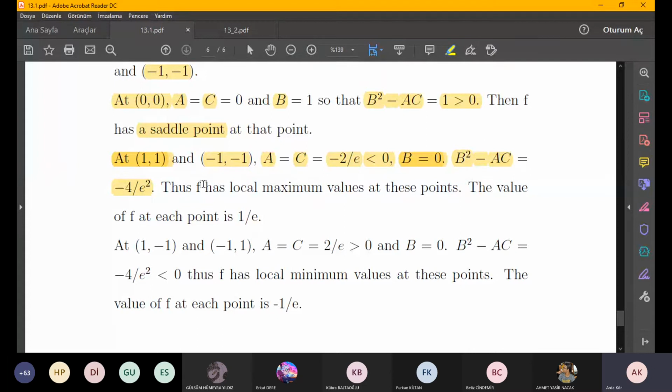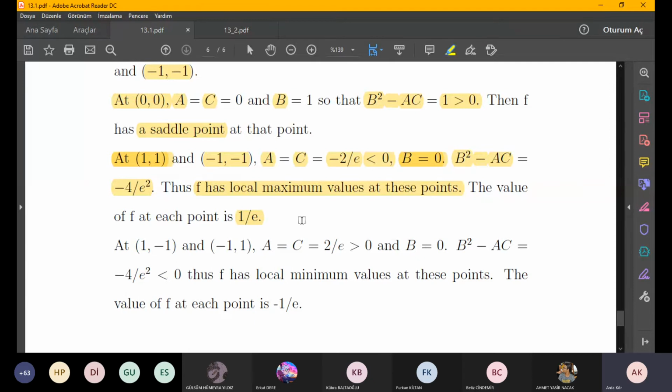So from the theorem, f has a local maximum value at those two critical points, f(1,1) and f(-1,-1), which equal 1/e, the local maximum value of the function.